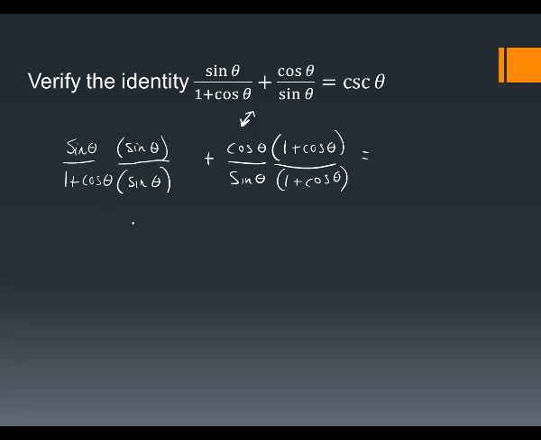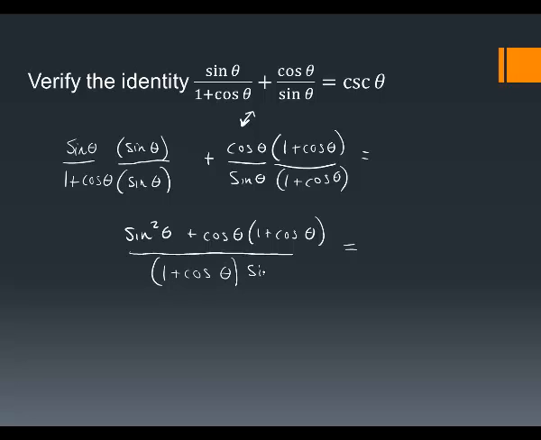And we have sine squared theta, and this one we can distribute, but let's go ahead and leave it, plus cosine theta times 1 plus cosine theta, all over 1 plus cosine theta, put that in parentheses, and sine theta.